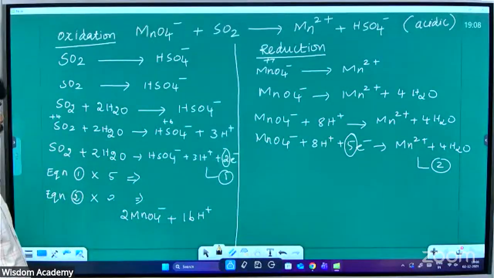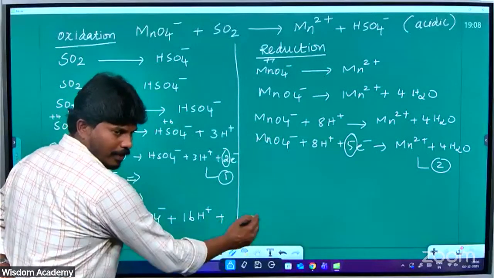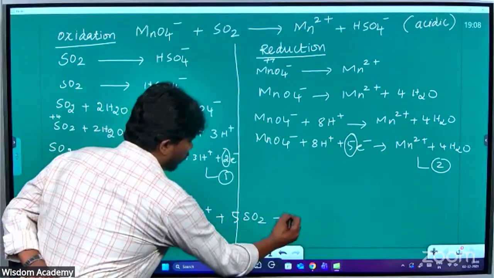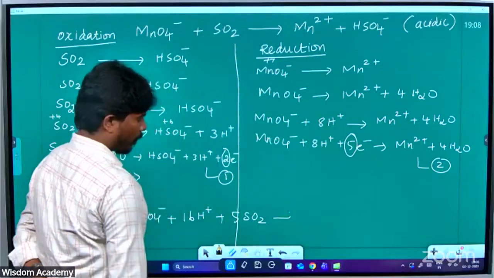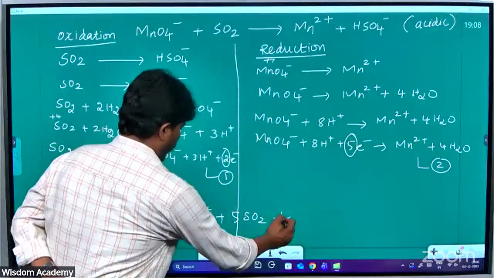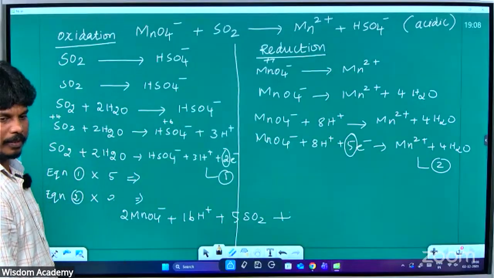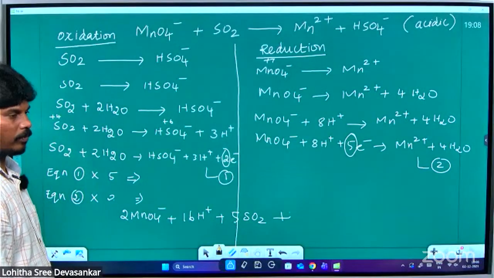Electron you just cancel out. Plus 5SO2, gives plus 10H2O.